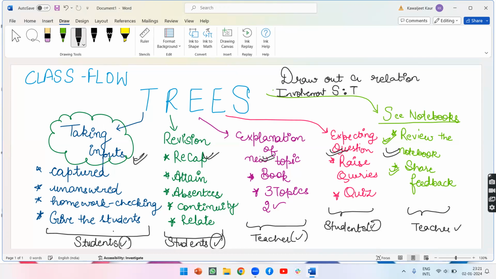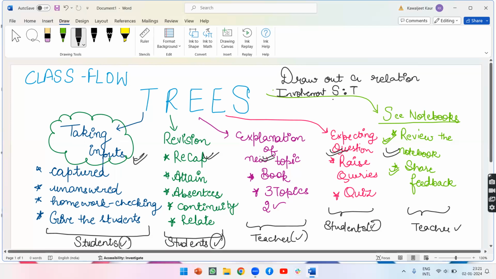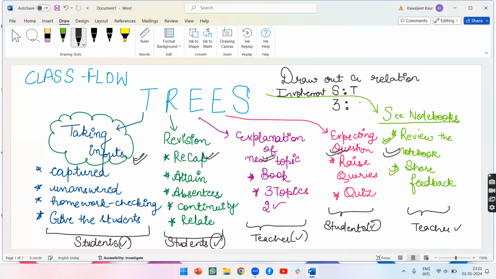It should be 3 times student and only 2 times teacher. So from here we can get an idea that the approach we are following in our class flow is actually a student-centric approach.